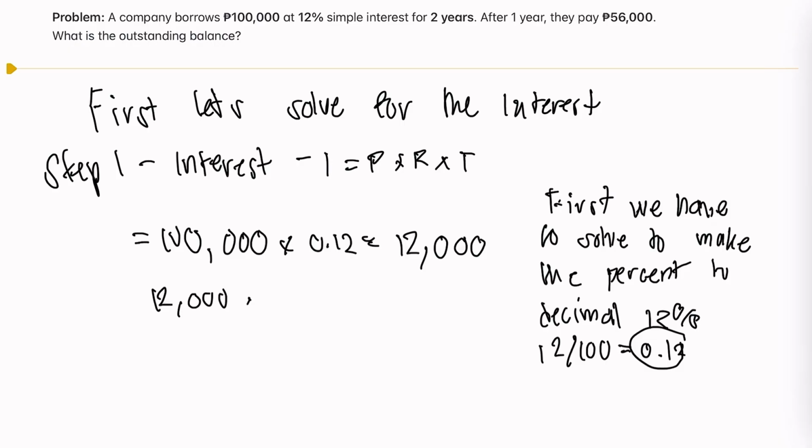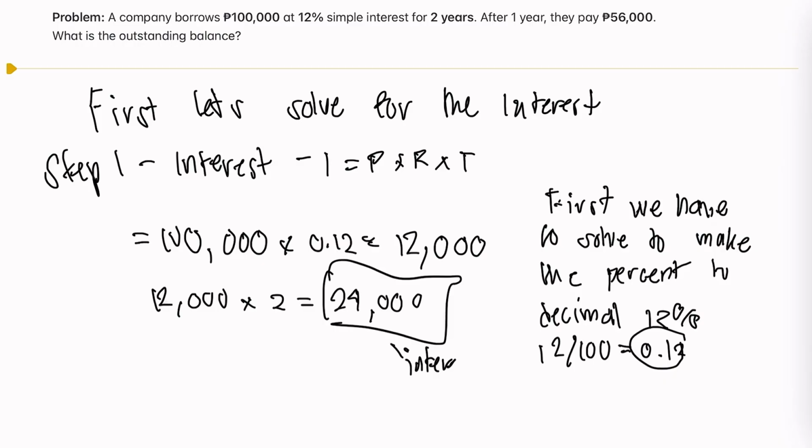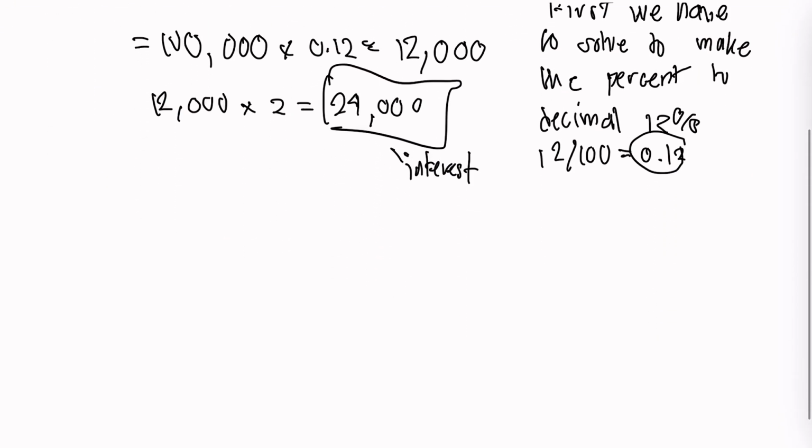Now 12,000 times our time, which is 2 years, then equals 24,000. Now that is our interest. Since we have our interest, we proceed to our step 2.